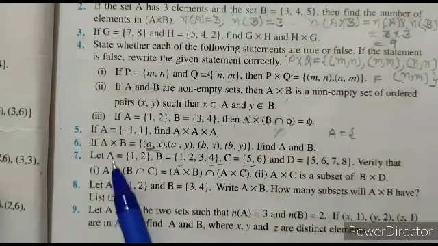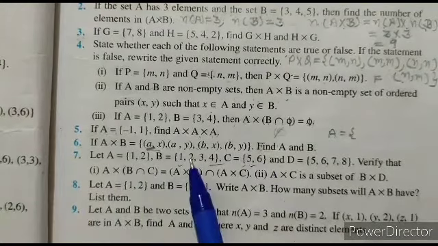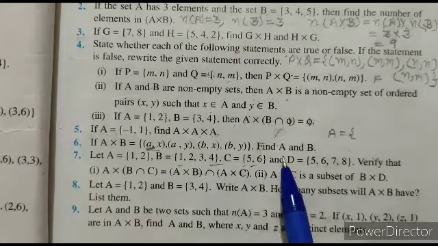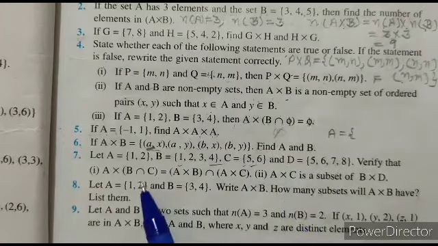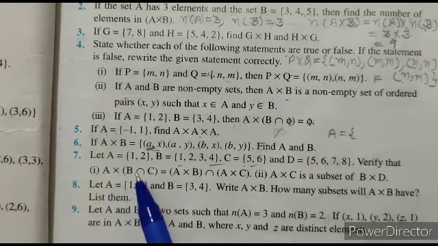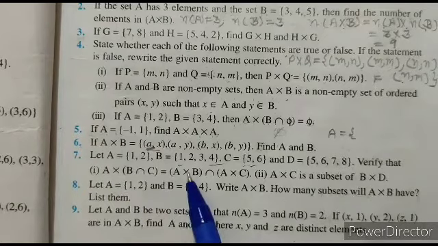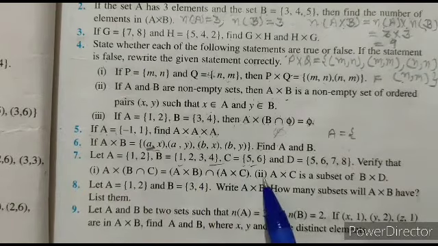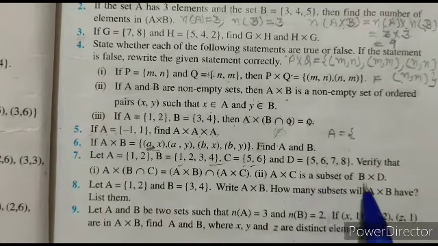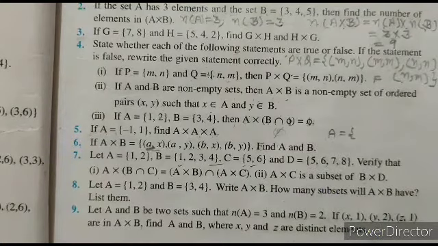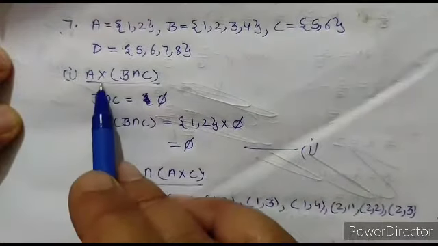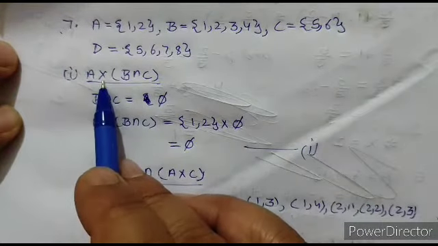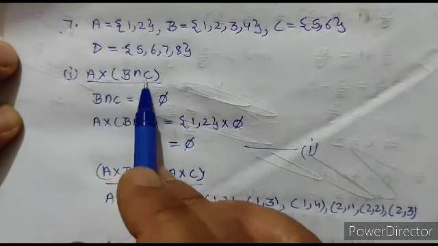Now in the seventh question, sets A, B, C and D are given to us. We have to verify that A cross (B intersection C) is equal to (A cross B) intersection (A cross C), and second, that A cross C is a subset of B cross D. First of all, we will find A cross (B intersection C).